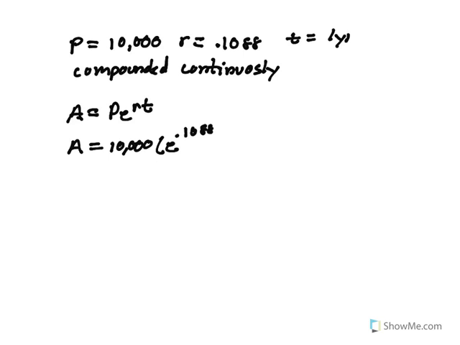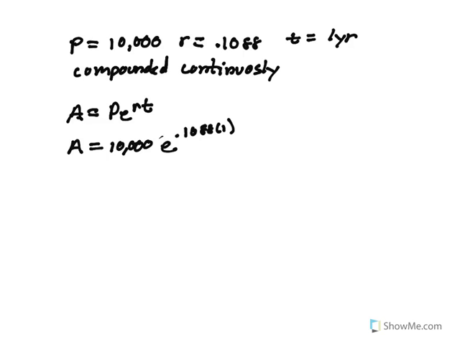So I should just write e to the 0.1088. Now when you do this on the calculator, 1 times 0.1088 is that same value, 0.1088.